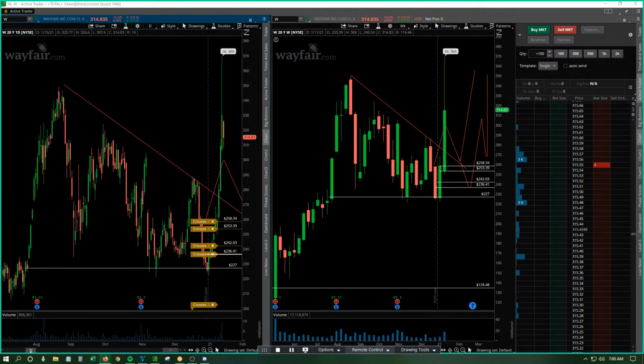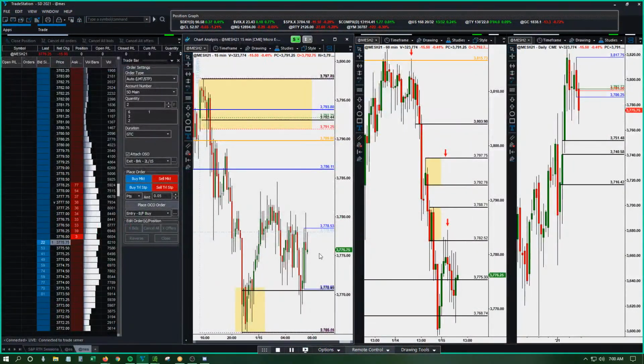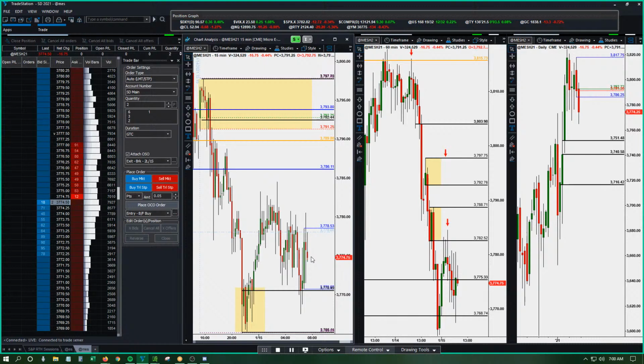Alright, 7 o'clock. Let's see what we want to do here. No close above the first 15-minute candle. Again, we're waiting for price to get back up here.